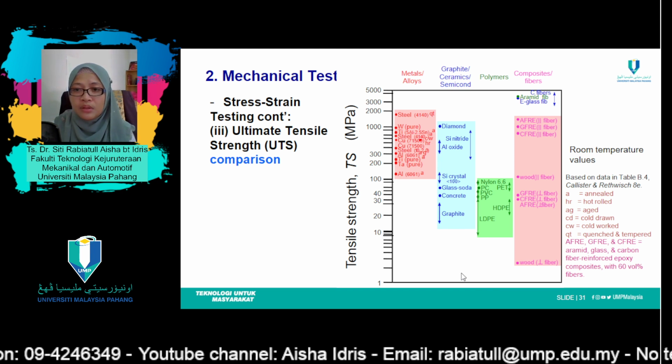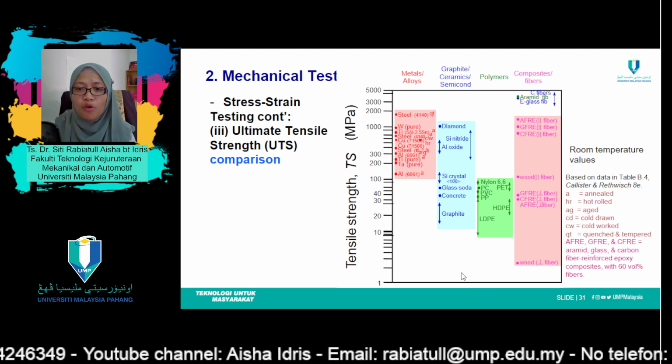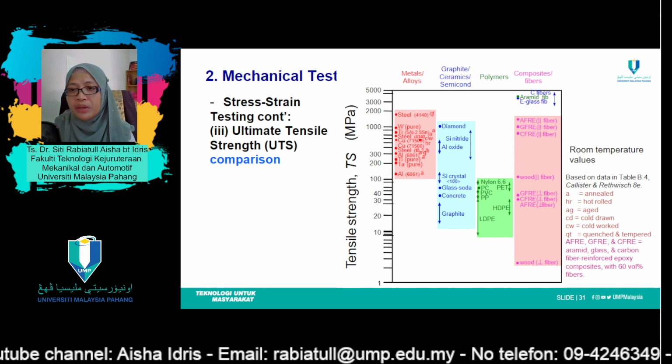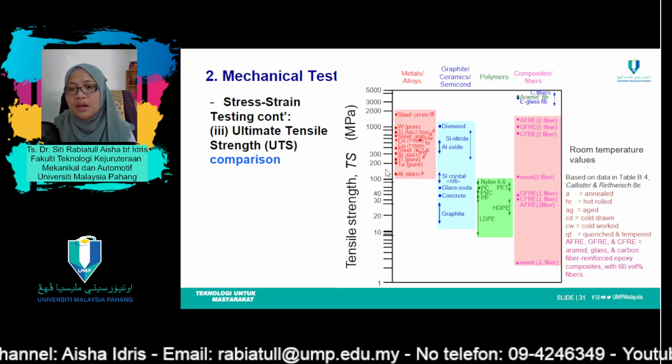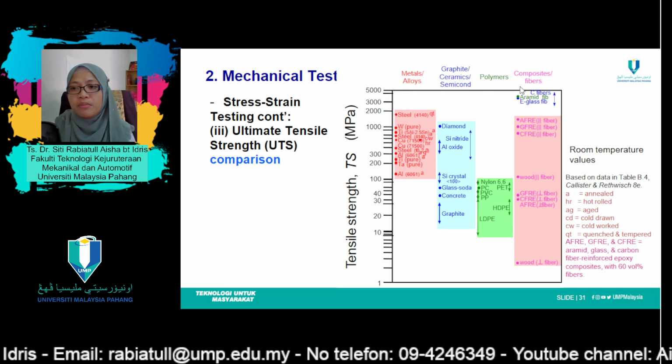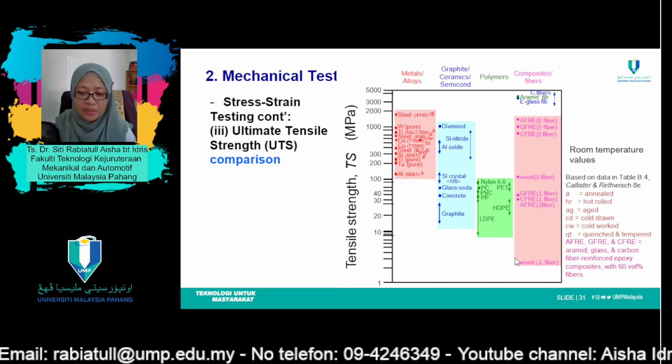This graph shows a comparison of tensile strength for different types of materials. So you can see the values for metal alloy, graphite, polymers, composite, and so on.